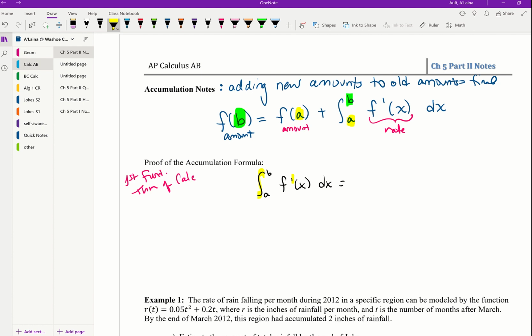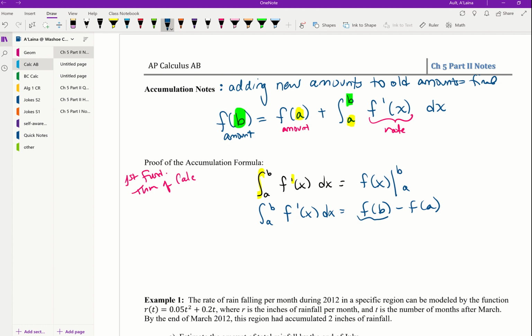The antiderivative and the derivative are inverse operations. They would undo each other, leaving me with f of x, which would need to be evaluated at b and a. So another way to think of this is that the definite integral from a to b of f prime of x dx is equal to f of b minus f of a when I do my evaluation.